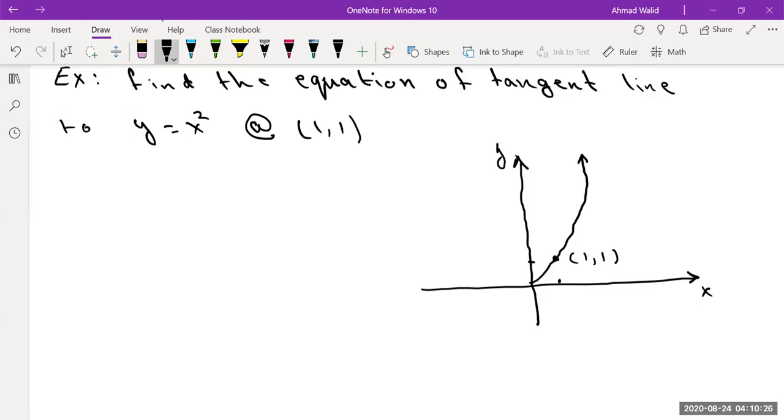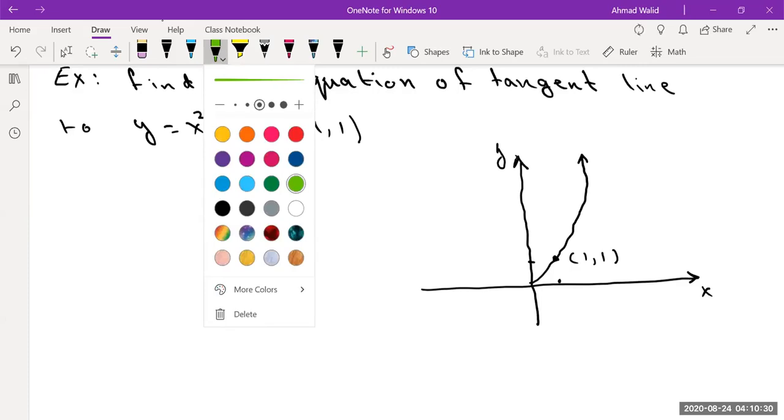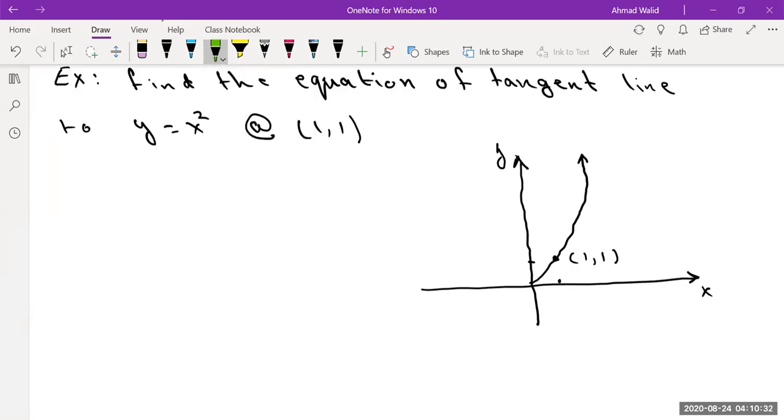To find the slope of the tangent line, let me draw a line for you. This is, for example, your tangent line that touches your curve at one point. I'm trying to find first the slope of this line.